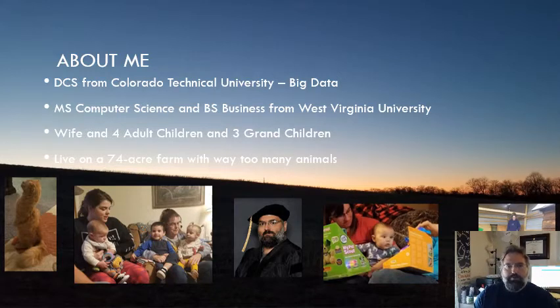I have a lovely wife and 4 adult children and 3 grandchildren. We live on a 74-acre farm in southeast Ohio. You name an animal, it's probably here, with the exception of things like pigs. Who wants those, right? So the pictures at the bottom of this slide that you can see, far left is Oliver, a Munchkin cat.